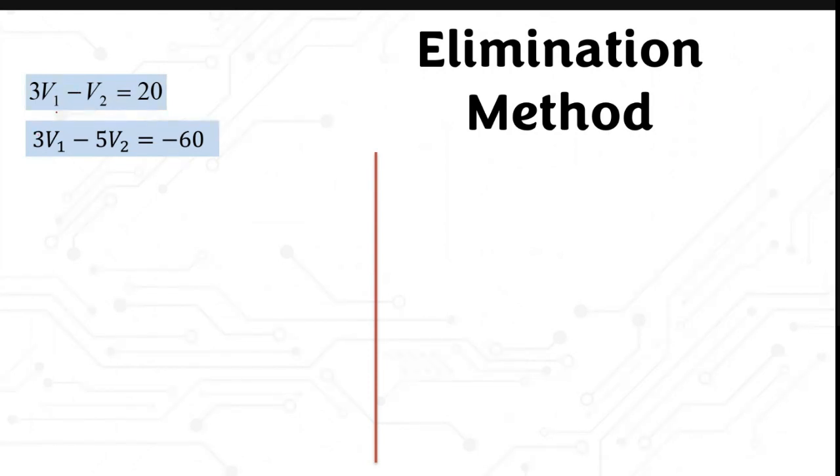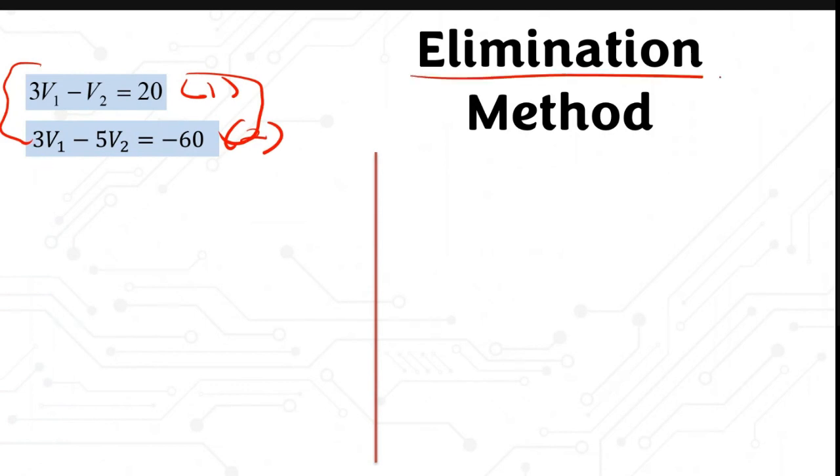So for this, you have these two equations, right? This one is equation 1 and this is equation 2. For the elimination method, the first thing you have to do to get one of the values, V1 or V2, is to eliminate one of them first. For this one, it is easy for us to eliminate V1 first.